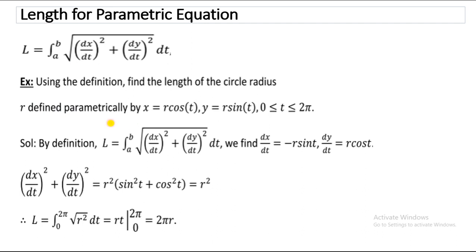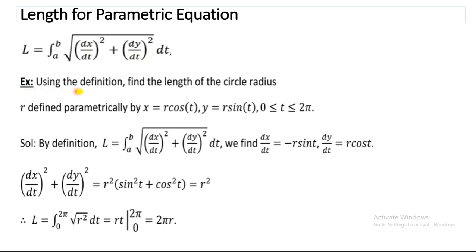The length of a parametric curve equals the integral from a to b of the square root of (dx over dt) squared plus (dy over dt) squared, dt. It is different: (dx over dt) squared plus (dy over dt) squared.